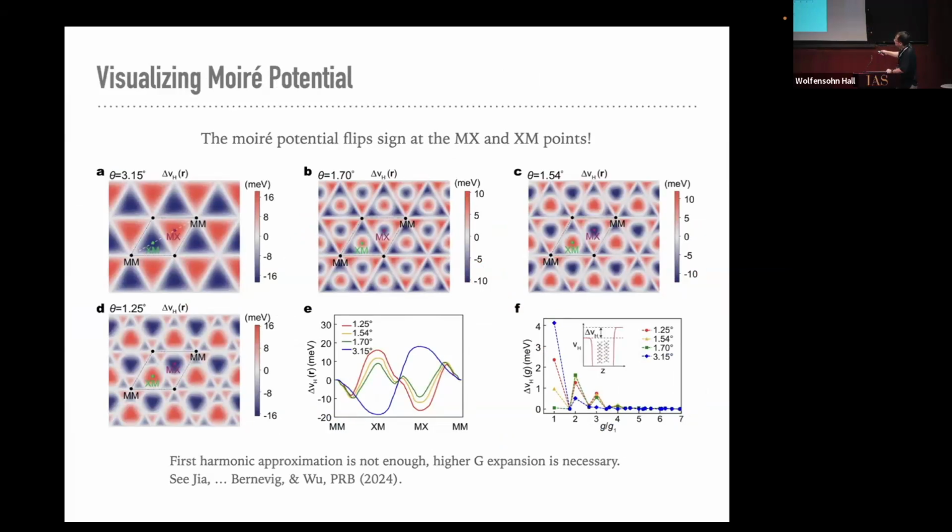You can see that this is at a large twist angle, 3.15 degree. XM is blue, so it's pointing in plane, and MX is red, is pointing out of plane. So that's my North Pole and the South Pole, and it's very regular. And if you do a Fourier transform, you're gonna get the first harmonic. Now, when you go from 3.15 degree to 1.7 degree, now you can see that red regions start developing at XM.